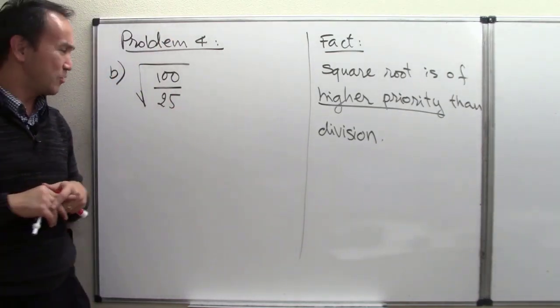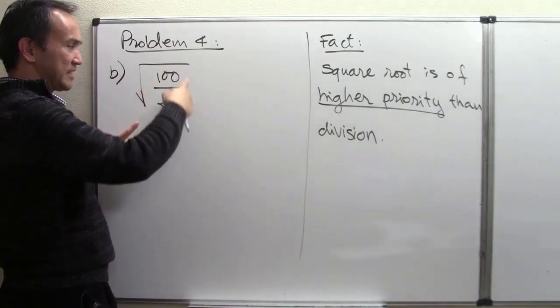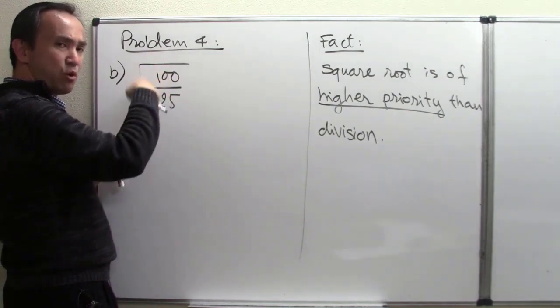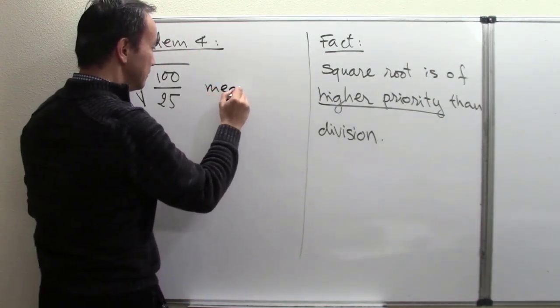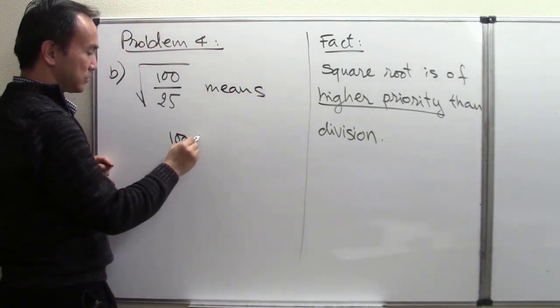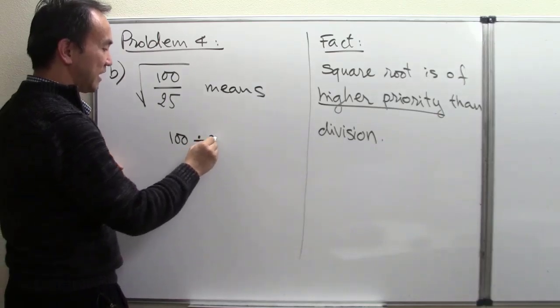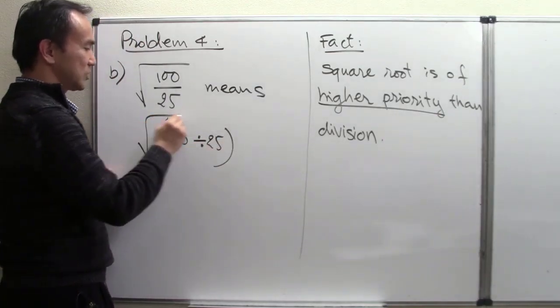So anyway, here's how I'm seeing it. You can observe that the entire fraction is being put inside of the square root. So what it means here is that we have to do the division between 100 and 25 first in the group, and then we take the square root.